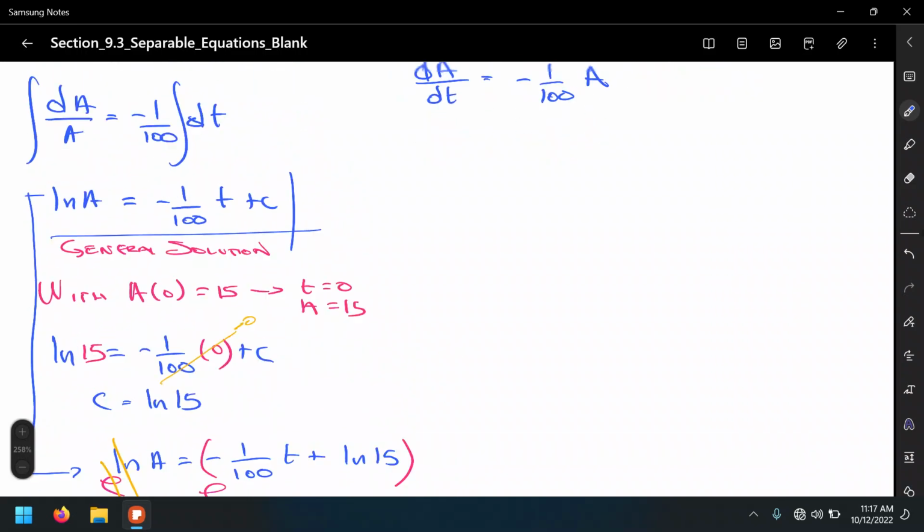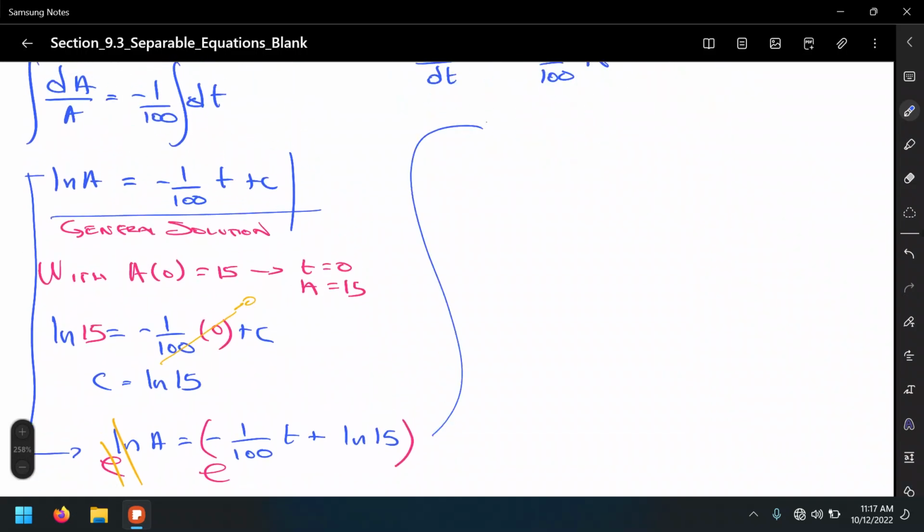So let me continue here. This is A equals e to the negative t over 100 times e to the ln of 15. How is this going? Well, this is just basic properties of exponentials. Oh, ln of 15, right? Yeah, thank you.